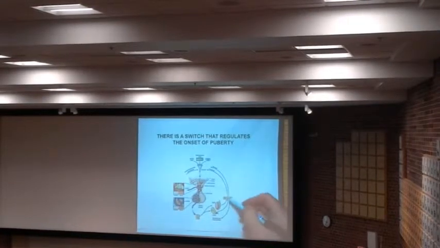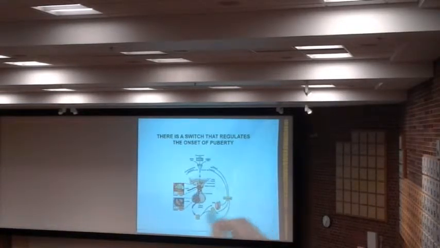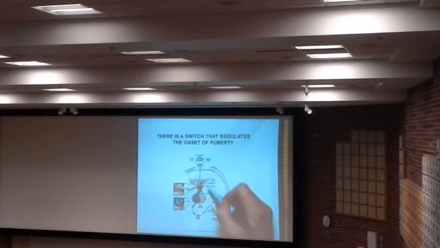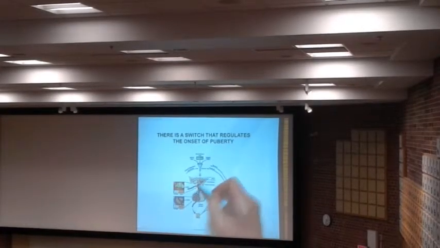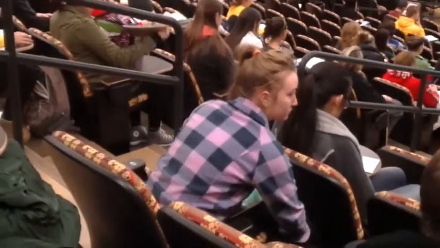This event starts with the secretion of sex steroids from the gonads, which in turn is caused by the release of gonadotropins, LH and FSH, from the anterior pituitary, which in turn is caused by the release of gonadotropin-releasing hormone from the hypothalamus.